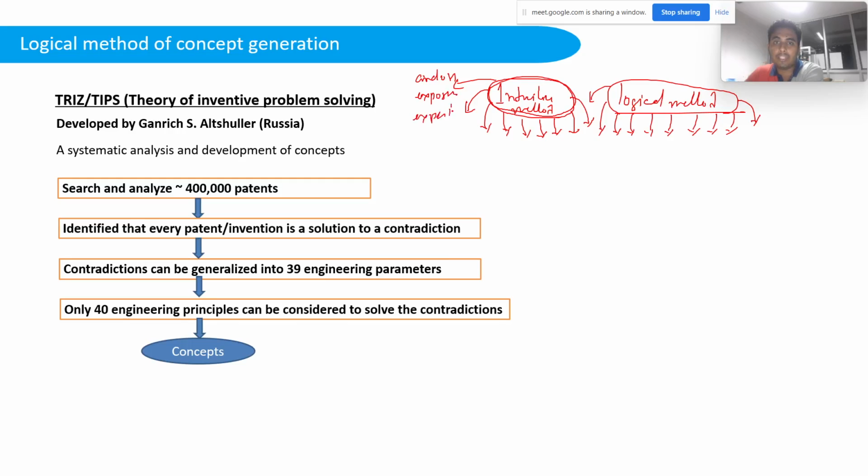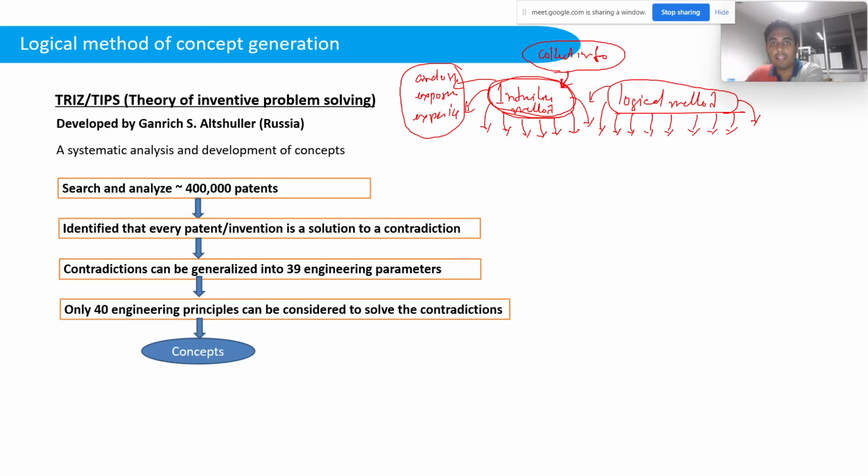All those things matter when you generate concepts during an intuitive method. And before that, you also need to collect information about various technologies, various possibilities, before coming up with some sort of ideas. Okay? So this is what an intuitive process is.